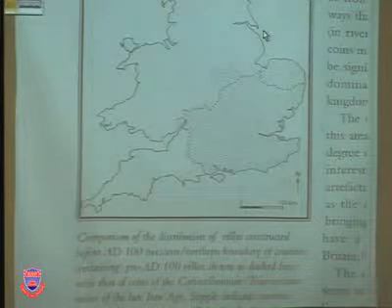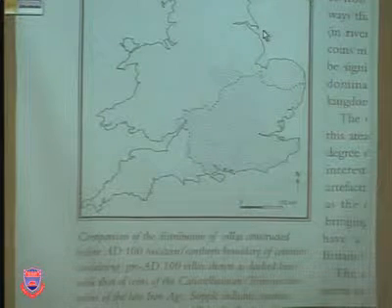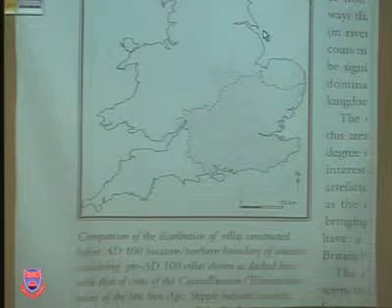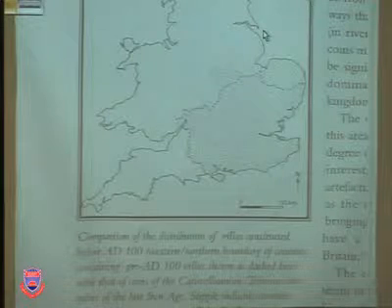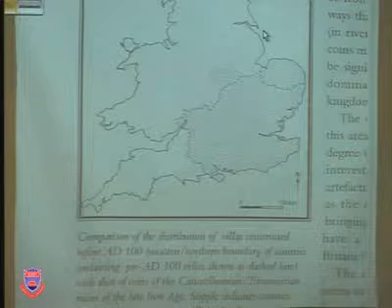Comparison of the distribution of villas constructed before AD 100. Western/northern boundary of counties containing pre-100 villas shown as dashed line, with that of coins of the Cantavalonian, Trinovantian rulers of the late Iron Age.